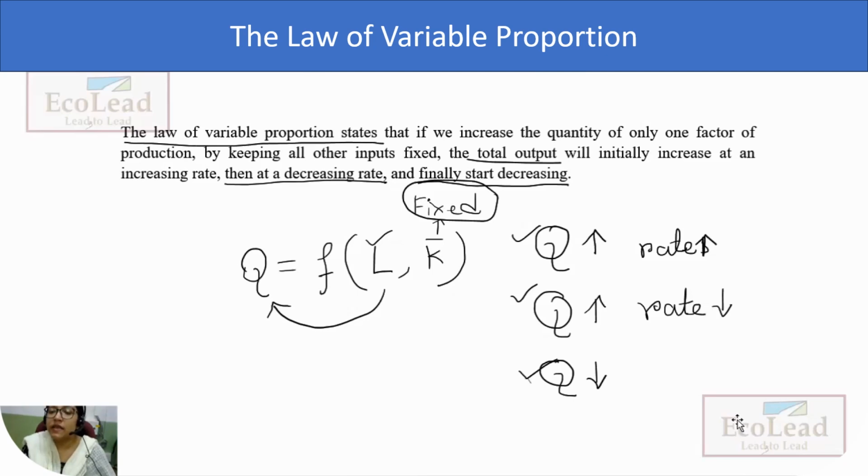First one is the output will increase at increasing rate. Second case is that the output will increase but at a decreasing rate. And the third situation is that the output will decrease. Now when we explain this situation, we also consider few assumptions. Let us look at the assumptions of the law of variable proportion.